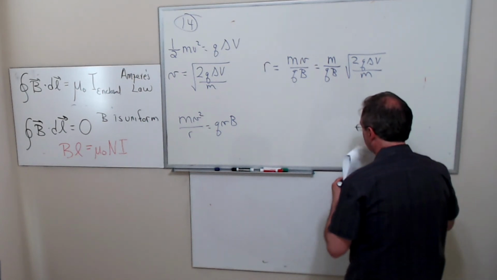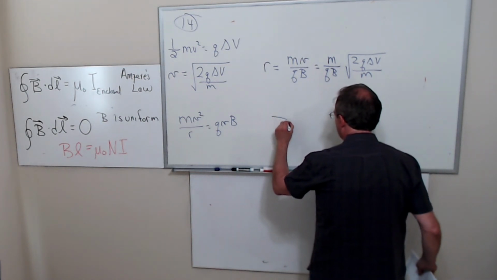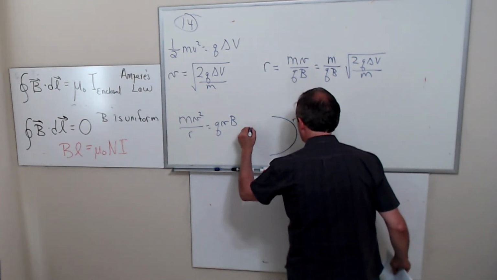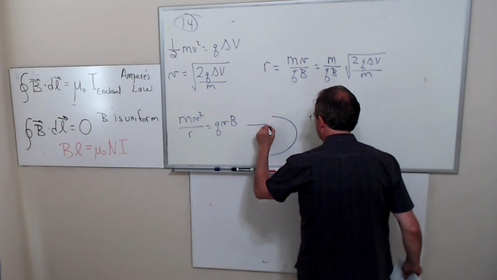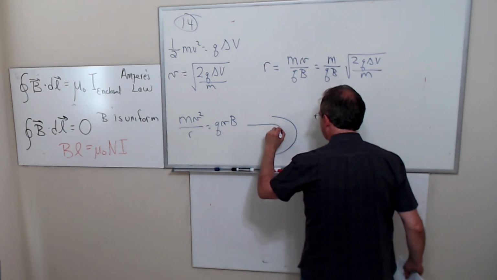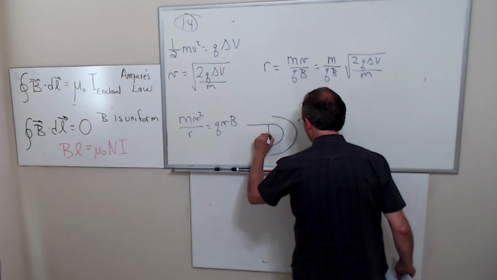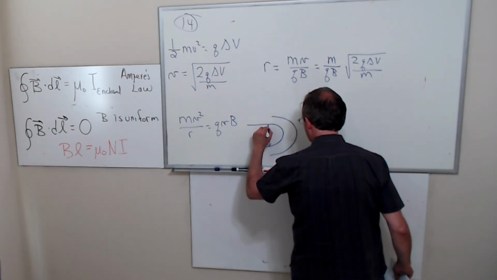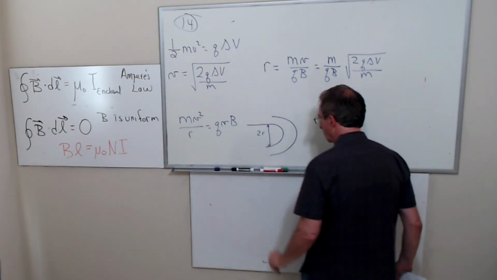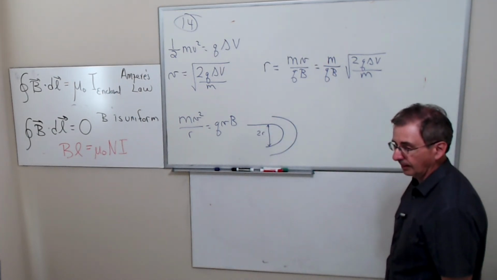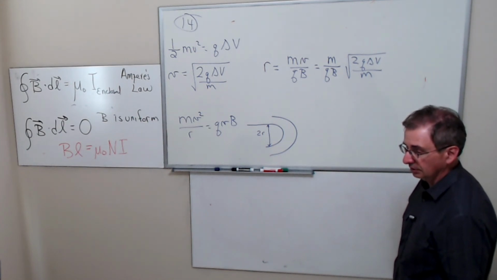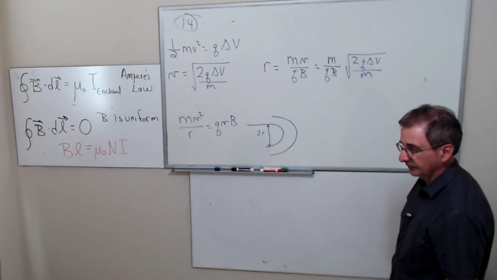So when these things go into a spectrometer, they travel a distance. The distance from here to here is 2r, right? Isn't that true? Yeah.